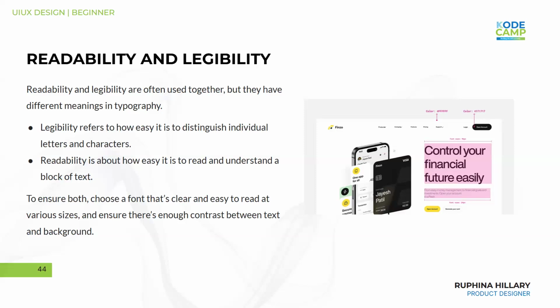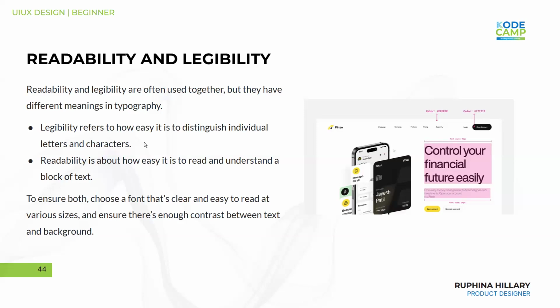Legibility refers to how easy it is to distinguish individual letters and characters. Like when we used the blue text on the brown background, we had problems with legibility, because we could not distinguish the individual text, letters, and characters because of the color contrast there. Now, readability is about how easy it is to read and understand a block of text.